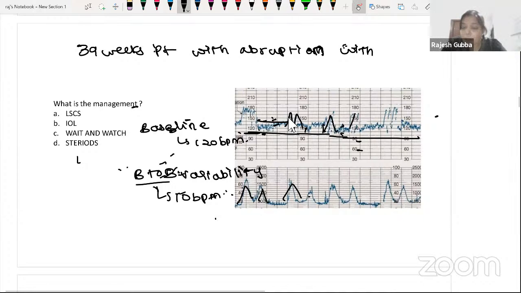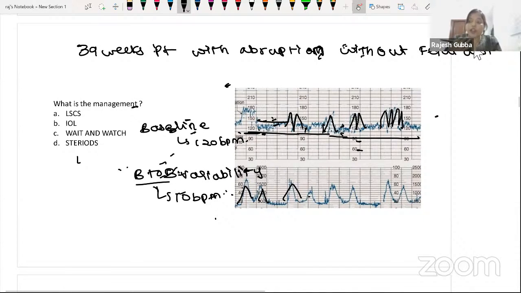So although there is abruption, the baby's heart rate is fine, so it is without fetal distress. It is abruption at 39 weeks without fetal distress. So what should be your management?